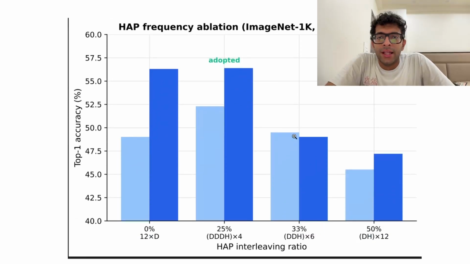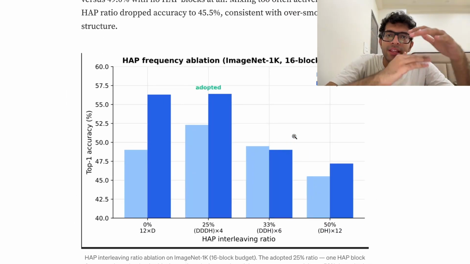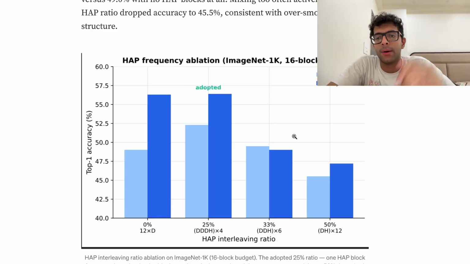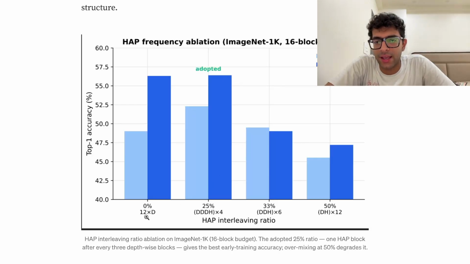Now let's get to the results. Of course I had to figure out, within a transformer architecture, where I need to put my HAP block, right? So this was the ablation that I had. We can have 12 depth blocks. That is something native to our system, a normal depth-wise attention that we have developed. So that is one case.